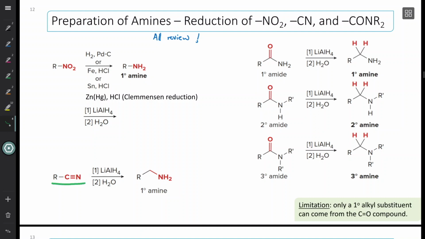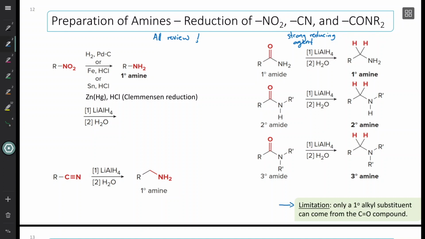We also saw that nitriles reduced with a strong reducing agent, lithium aluminum hydride, will go to the amine, right? And then you can also reduce amides, again with a strong reducing agent, and you go from the amide to the amine. It's this carbon that is being reduced from the C=O double bond all the way to a CH2. And that's maybe the main limitation of this.